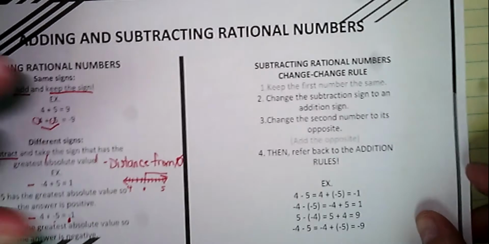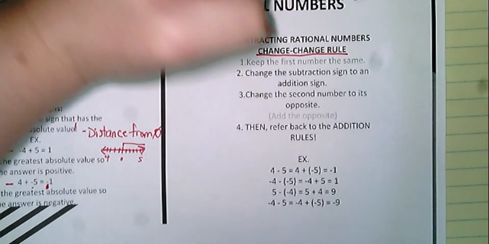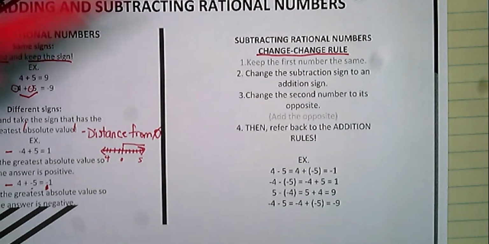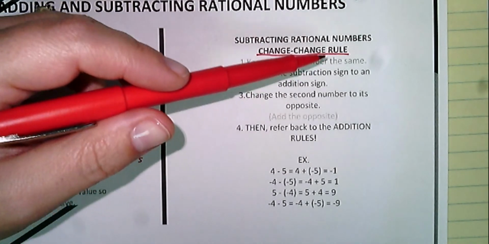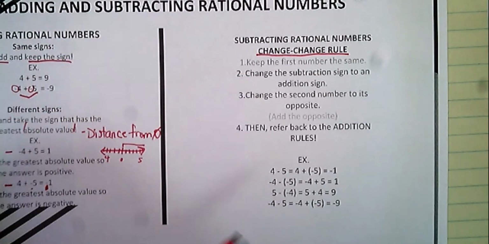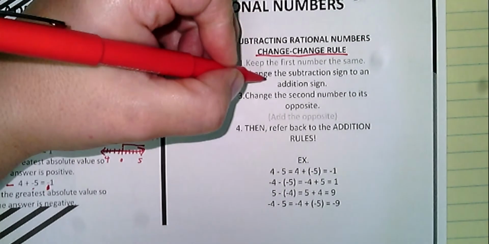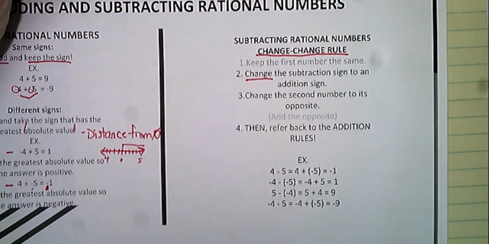What about subtracting? So it says subtracting rational numbers. So the big rule here that we have to remember is the change rule. Okay, so let's keep the first number the same. So the first number in any of our subtraction is going to be the same. All right, now change the subtraction sign to an addition sign.